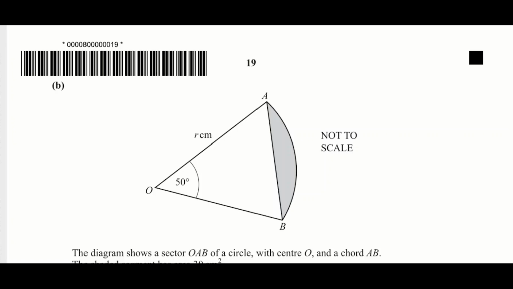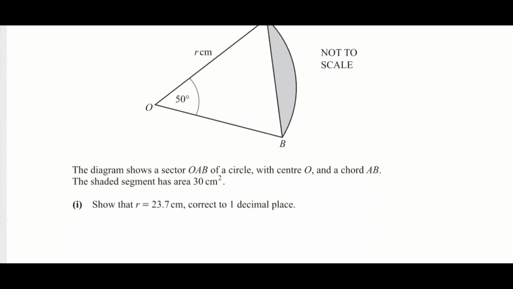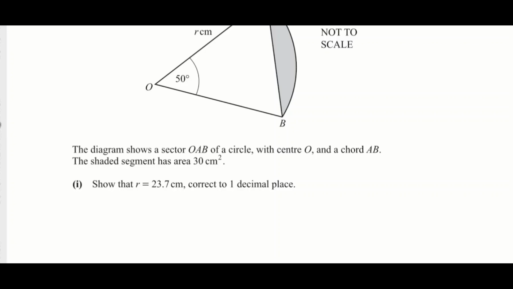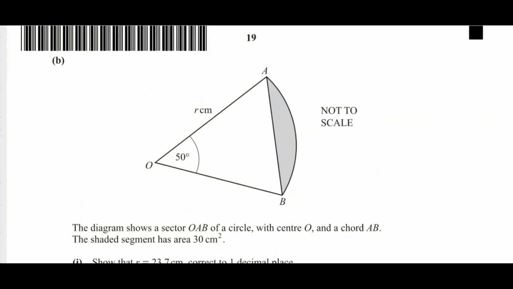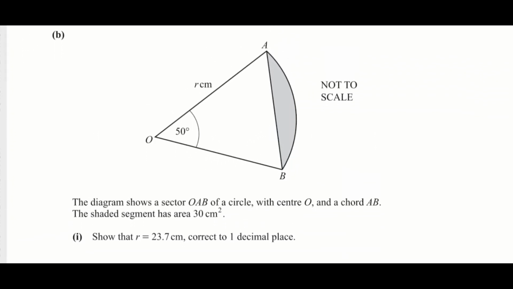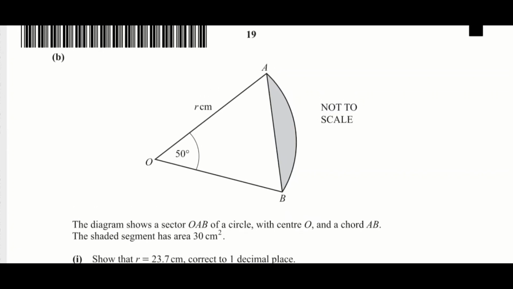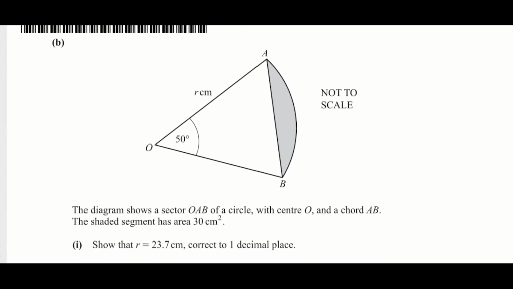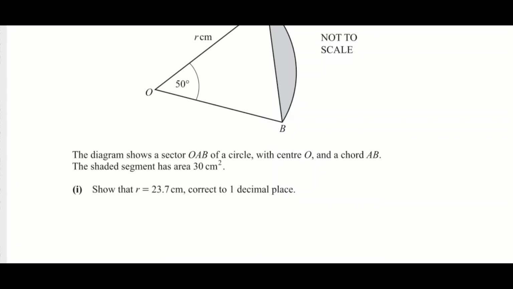Part B. The diagram shows a sector OAB of a circle with center O and a chord AB. The shaded segment has an area of 30 square centimeters. Show that R equals 23.7 centimeters correct to one decimal place. So what we need to do from here, we're going to start from the area of the shaded portion, which is the area of a segment.